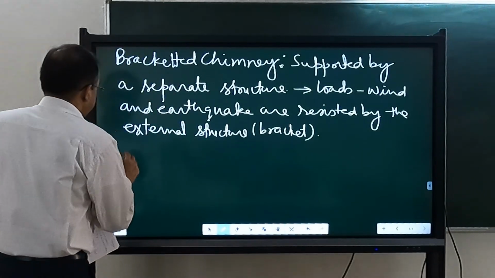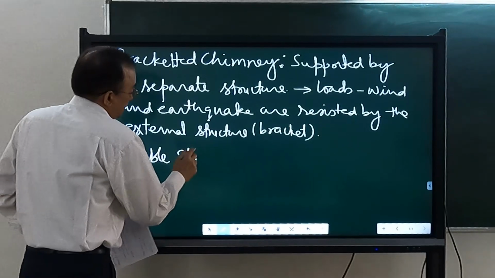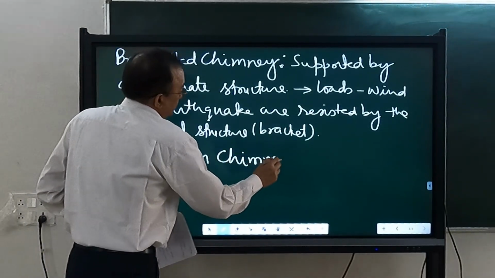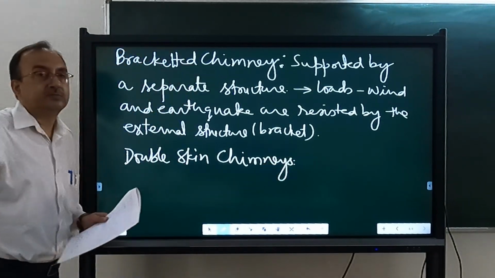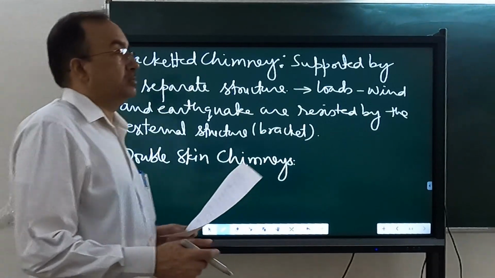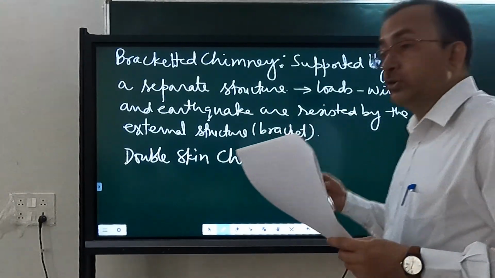Then we also have double skin chimney. So you know, chimneys are many times carrying hot gases. The temperature may be very high. Okay, and those gases may also be corrosive.